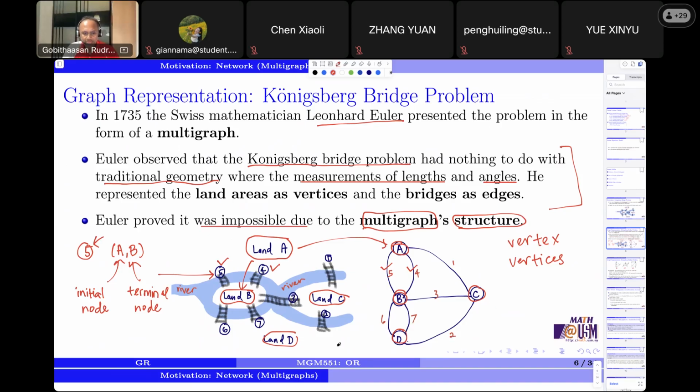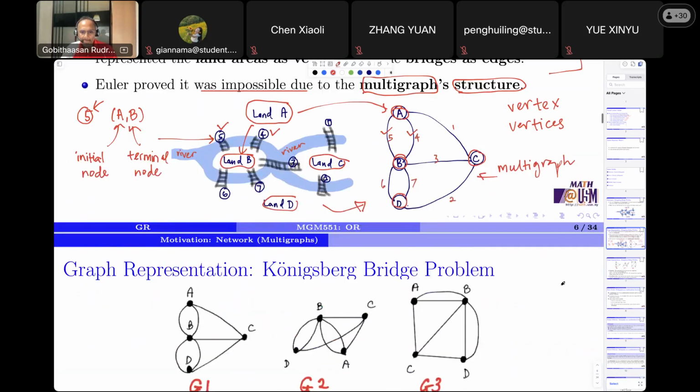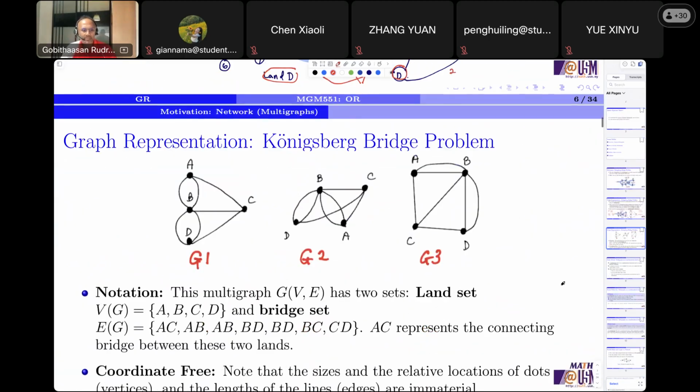So now the original problem was this area problem, and it is now converted to a multigraph. Before we proceed to a formal definition, let's try to understand some properties of this graph.